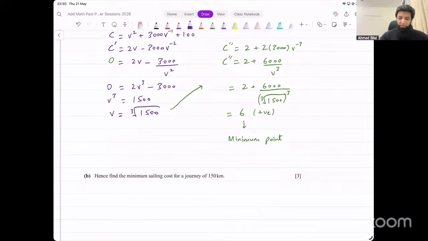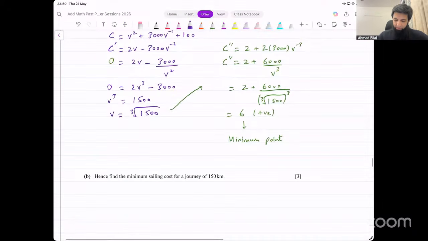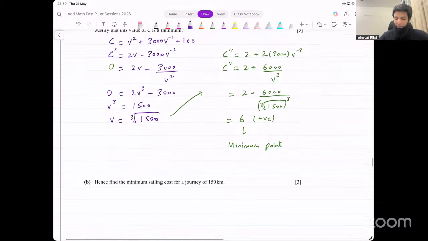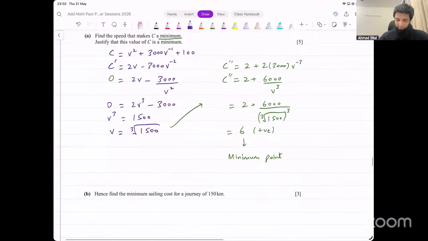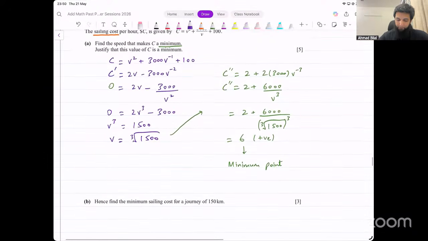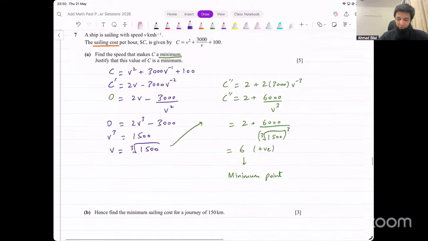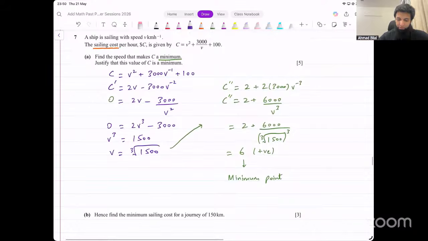Okay. Now they're saying, hence find the minimum sailing cost for a journey of 150 kilometers. So what we know is the cost is going to be minimum when speed is this.